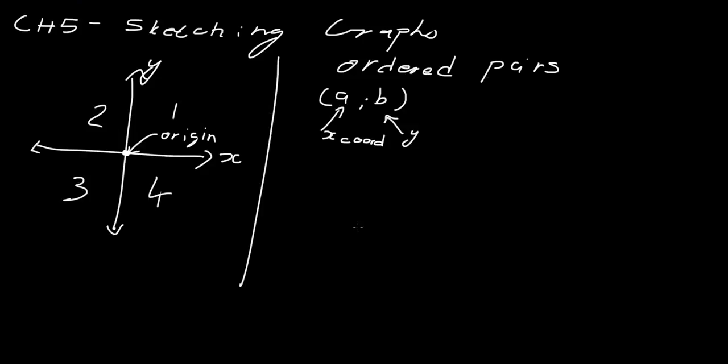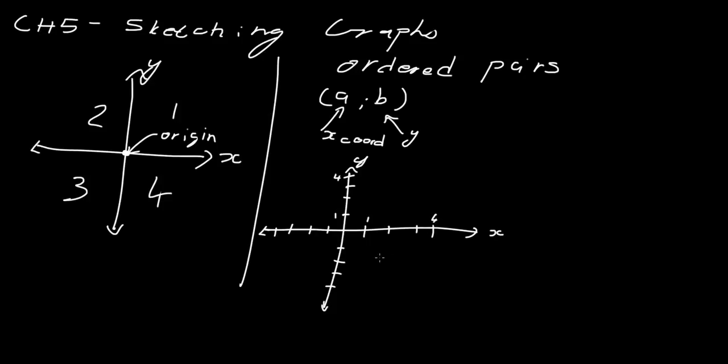So let's just plot a couple of ordered pairs on a Cartesian plane. 1, 2, 3, 4. 1, 2, 3, 4. Negative 1, negative 2, negative 3, 4. That's our x-axis and our y-axis. Don't forget your arrows. So I'm just going to mark 1 to 4.